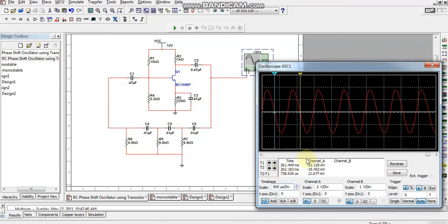Okay, 730. So this is the output of your RC phase shift oscillator sine wave, and your verified frequency, T2 minus T1. So this is your RC phase shift oscillator. Okay, thank you.